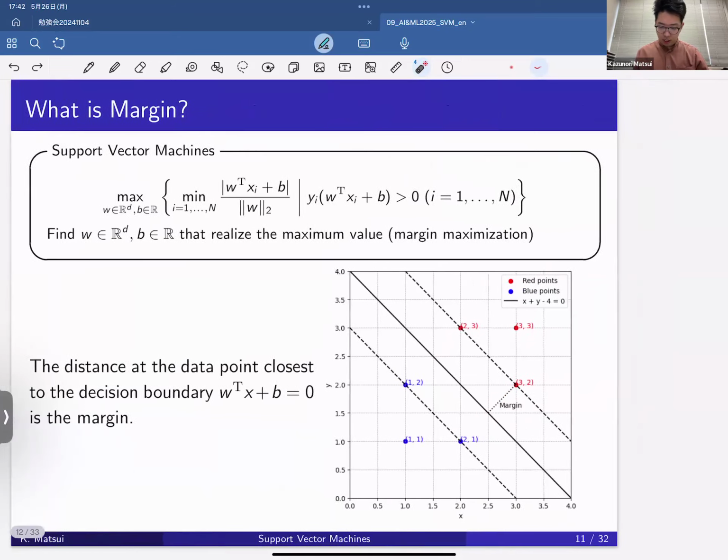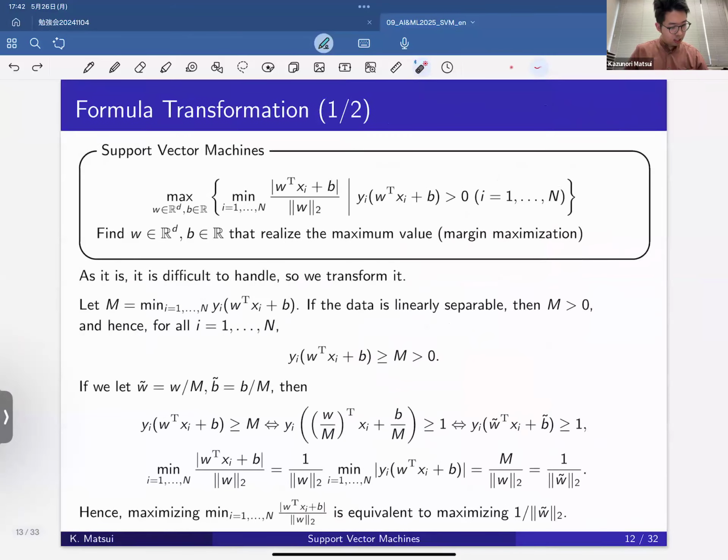We want to use this, but since it's difficult to handle as it is, we transform it. Let's call the smallest value among the distances at each point, yi times wxi plus b, as m.